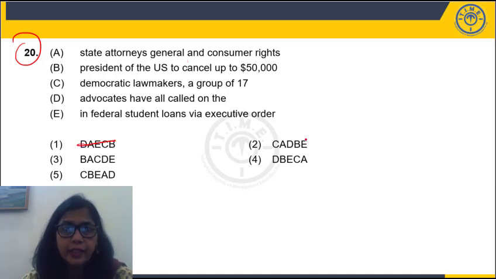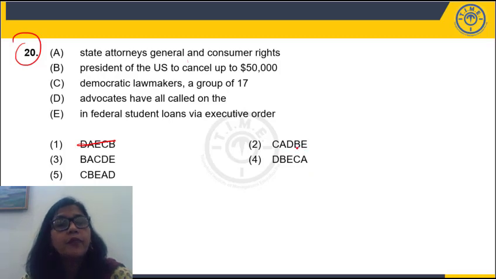Let's try the second combination given here. CADBE. Democratic lawmakers, a group of 17 state attorneys general and consumer rights advocates, all right, have all called on the President of the US to cancel up to $50,000 in federal student loans via executive order. Perfect. And you can check how the others don't match.